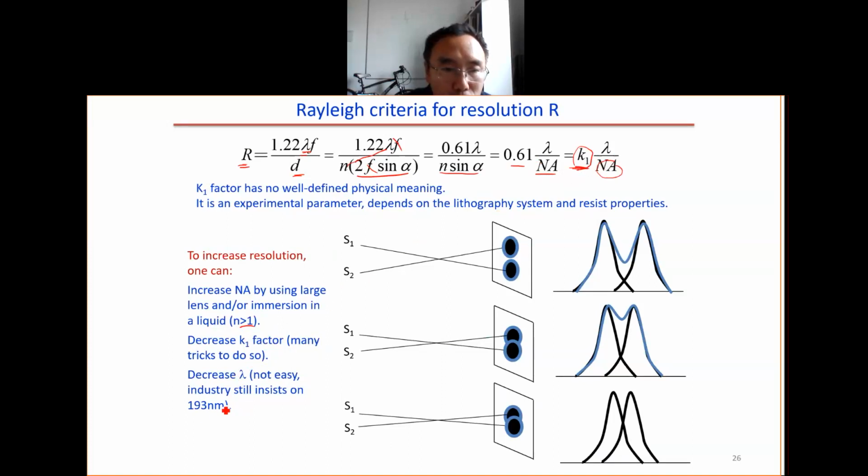Nowadays we use 193 nanometer wavelength plus 13.5 nanometer. 13.5 is the extreme UV lithography. So today, both immersion with 193 nanometer and dry 13.5 nanometer extreme UV lithography are used for the manufacturing of the most advanced IC circuits.